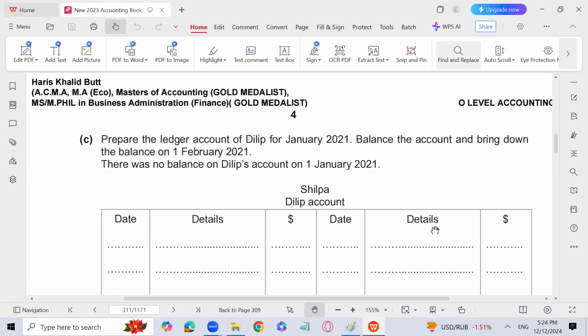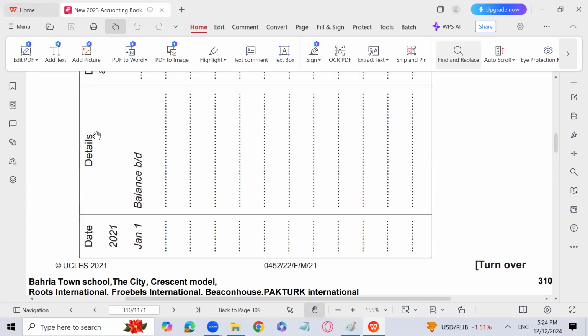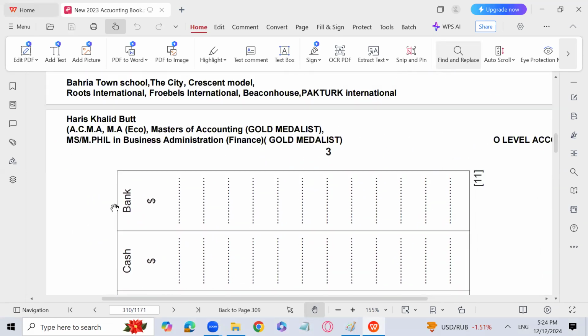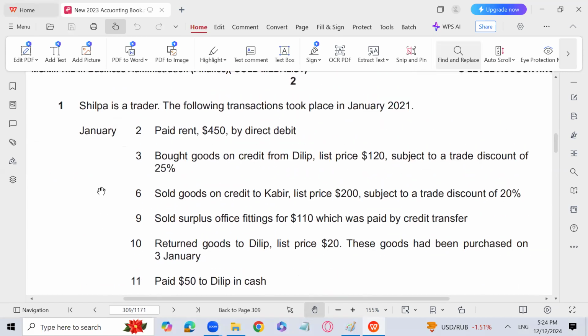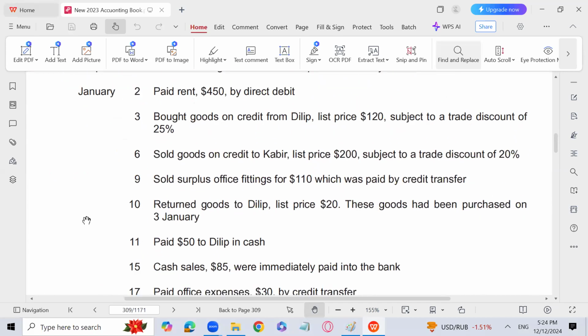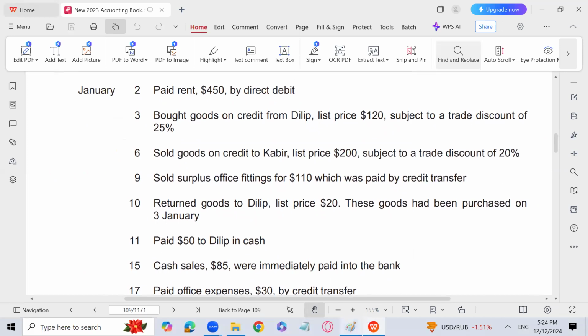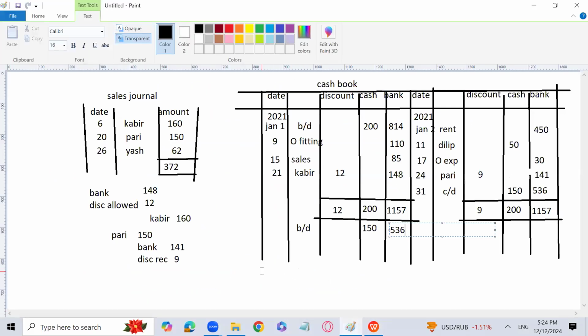But in this part, it is already given that balance the account and bring down the balance on 1st February. It is written that there was no balance on Dilip account on 1st January 2021. So whatever entries are there regarding Dilip, we will pass those entries and we can prepare the account of Dilip easily.